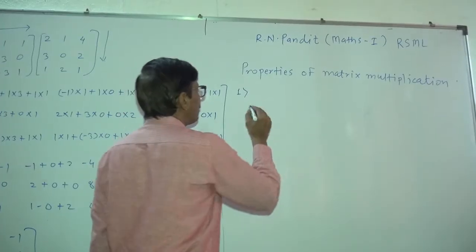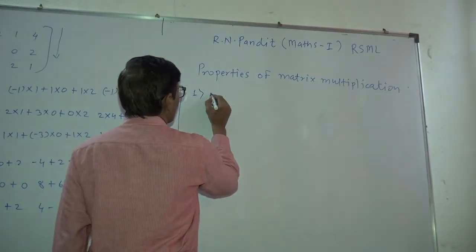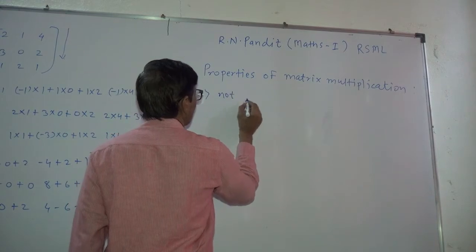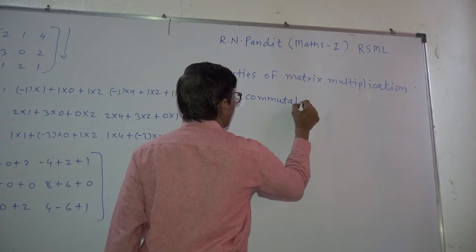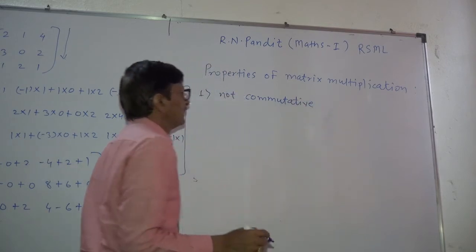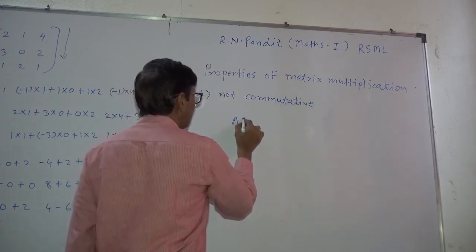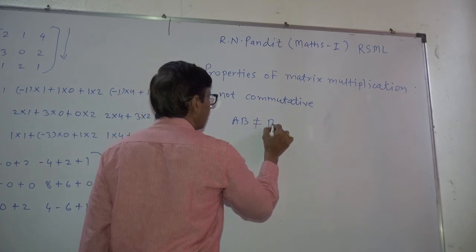is not commutative. Matrix multiplication is not commutative. That is, always AB will not be equal to BA.